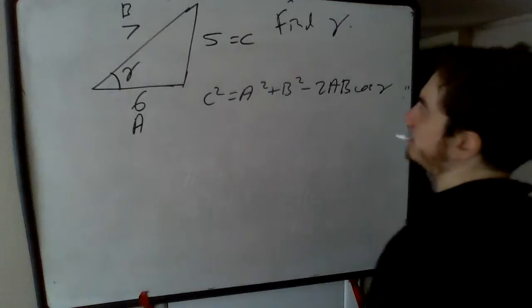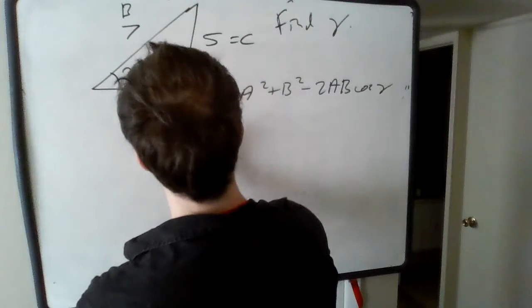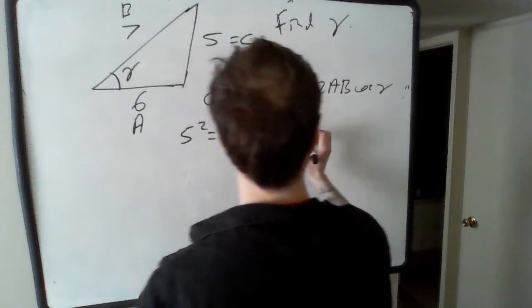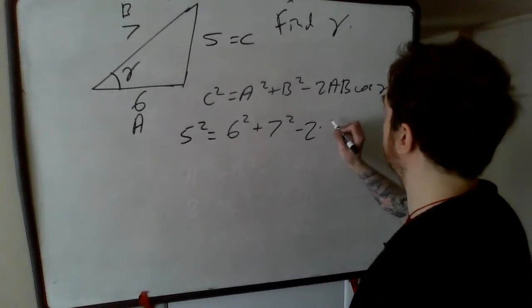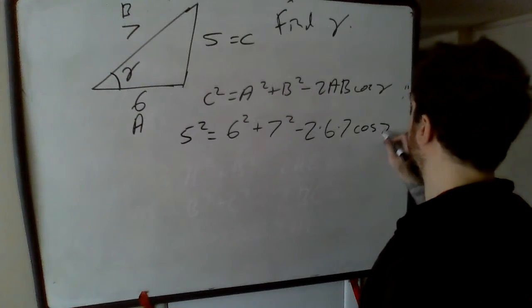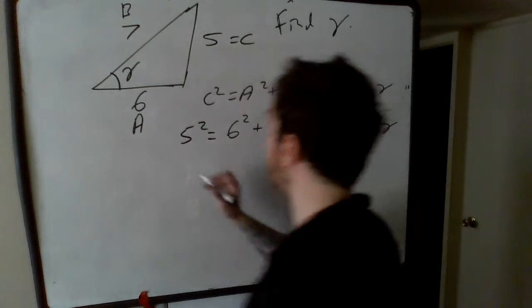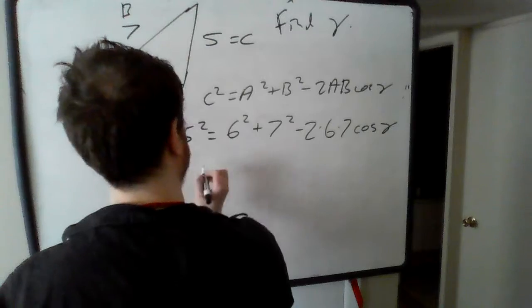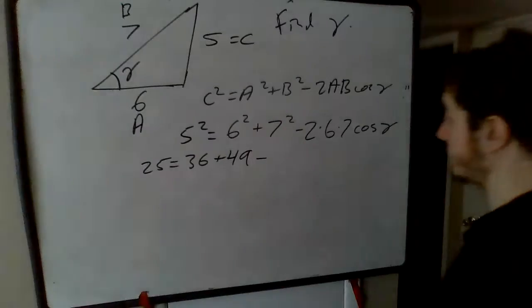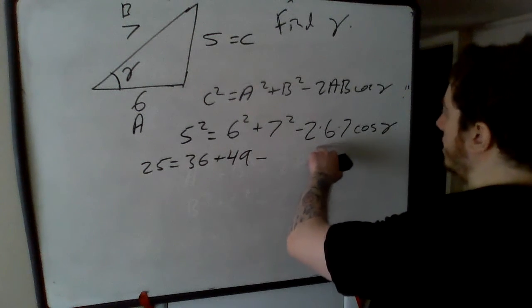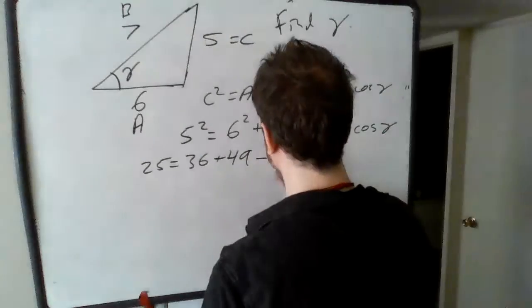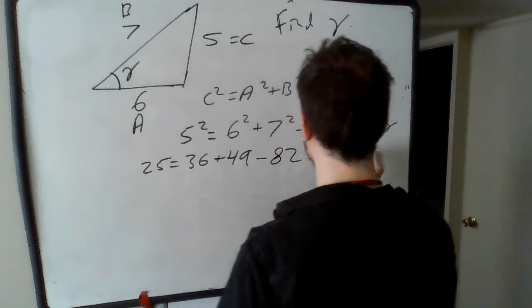Okay, so what do we have in this case? I'm seeing that we have 5 squared is equal to 6 squared plus 7 squared minus 2 times 6 times 7 cosine gamma. Now, at this point, we get 25 is equal to 36 plus 49 minus, let's see, this would be 12 times 7, which is 84, so minus 84 cosine gamma.